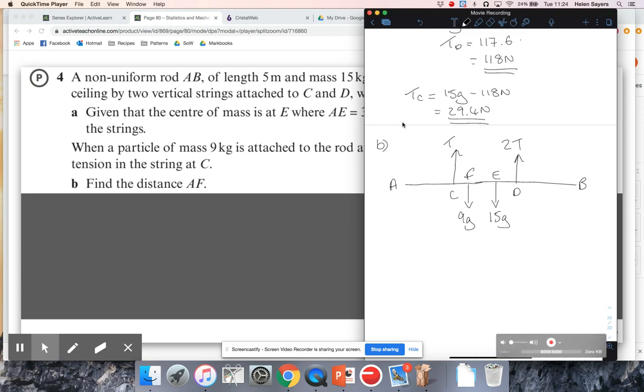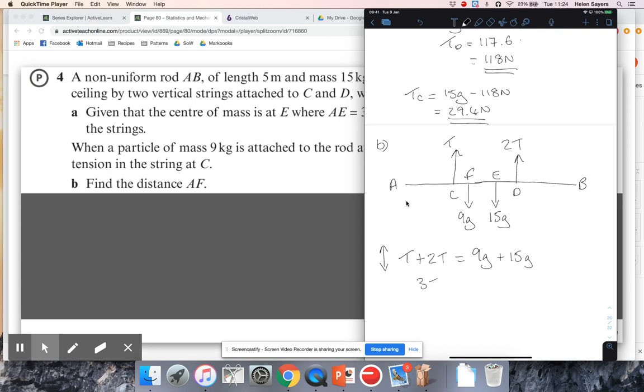All right, so what can I do there? Well, before I worry about moments, it's always worth resolving forces vertically, because that's easier. So the total upward force is T plus 2T, and the total downward force is 9G plus 15G.